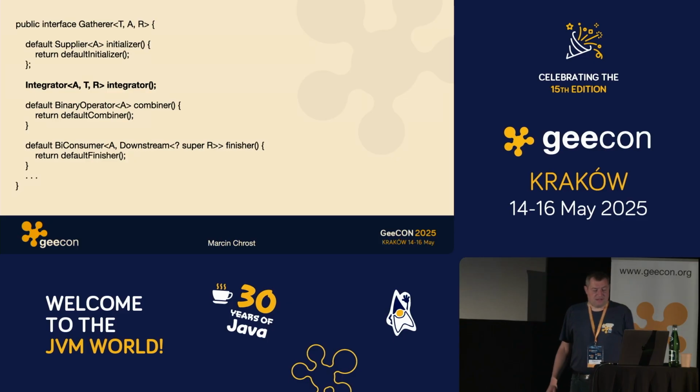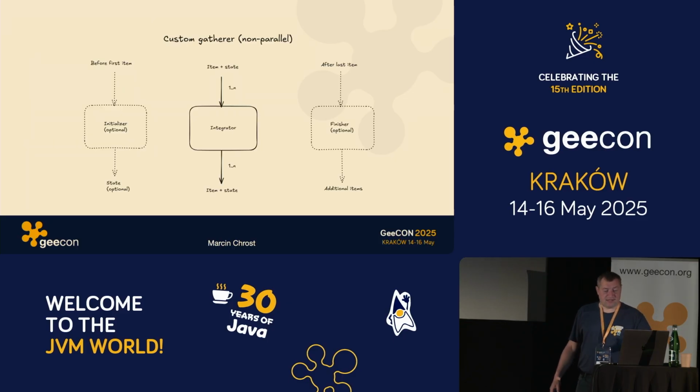Okay. And then, if we have initializer, integrator, combiner, and finisher, let's go to our architecture diagram. We will start only from the integrator part, because it's the only mandatory one, and the integrator works exactly the same way I presented a few slides before. It accepts up to n elements, does something with them, and produces up to m elements.